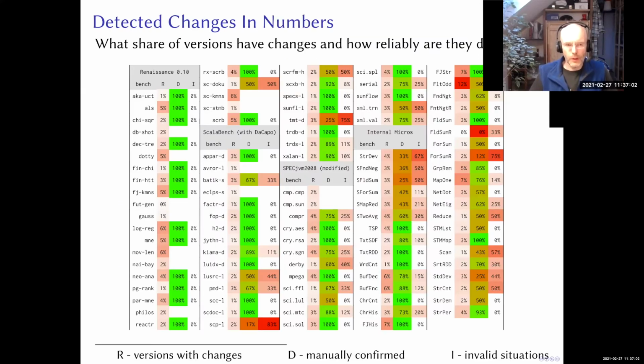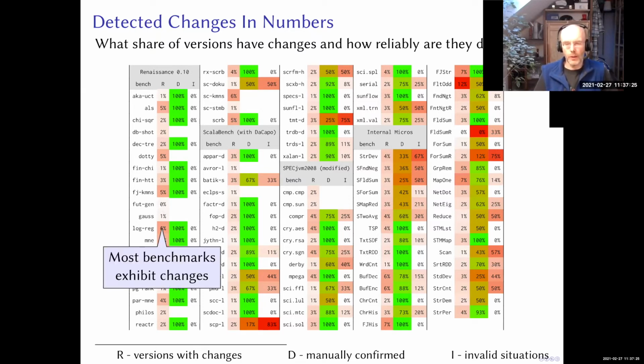we have. And the first one is what share of versions do we see changing in Graal? So in this table, you see three numerical columns. The first one tells you out of all versions that we see, what is the share of versions where that benchmark has changed. And you see that most benchmarks do exhibit changes.